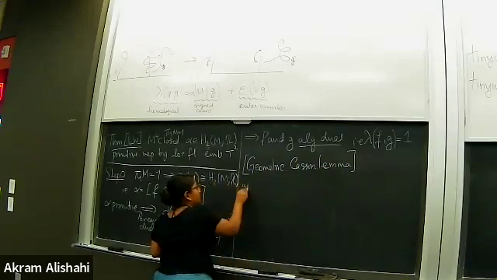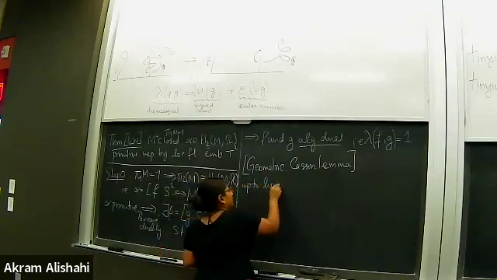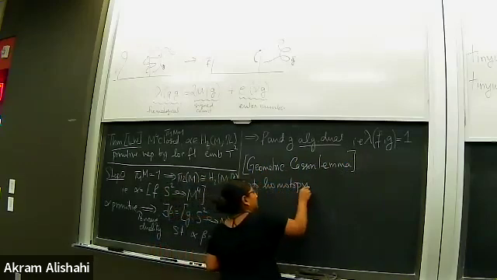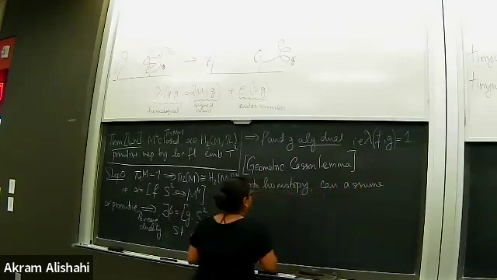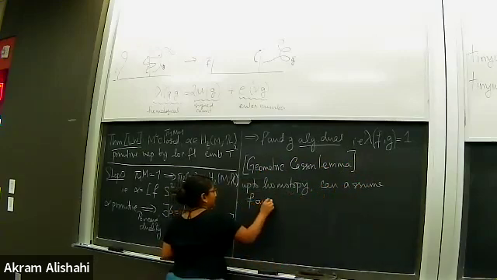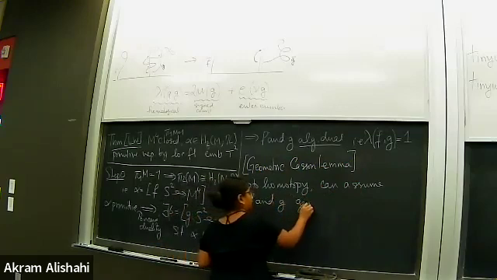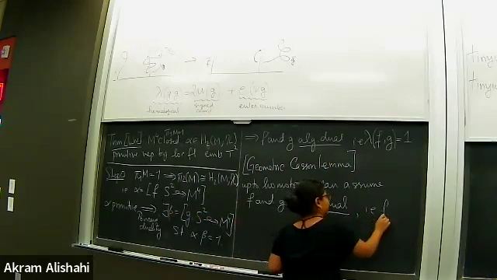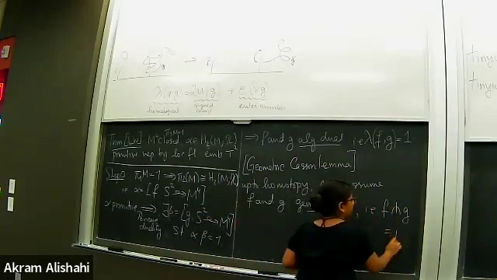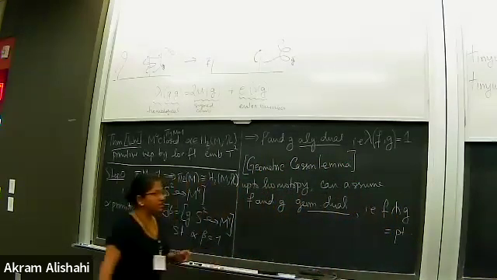It says that up to homotopy, we can assume that F and G are geometrically dual. As a reminder, this meant that they intersect in a single point.